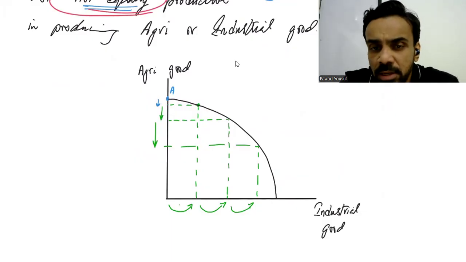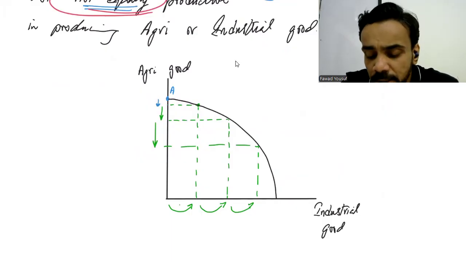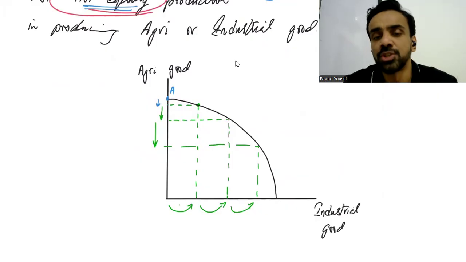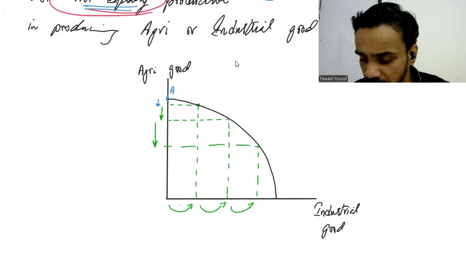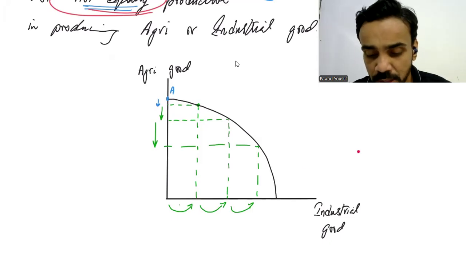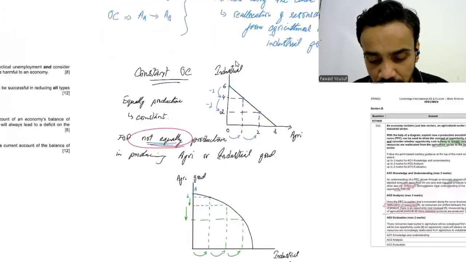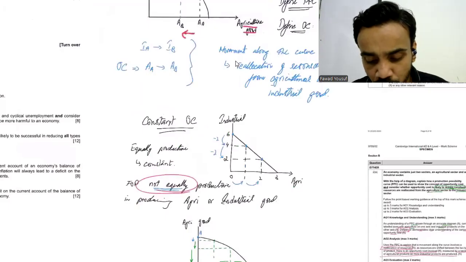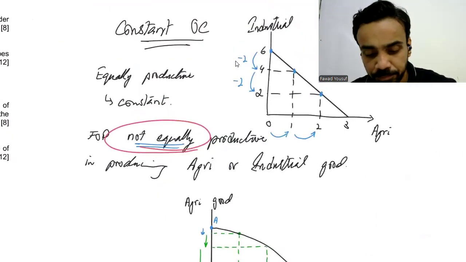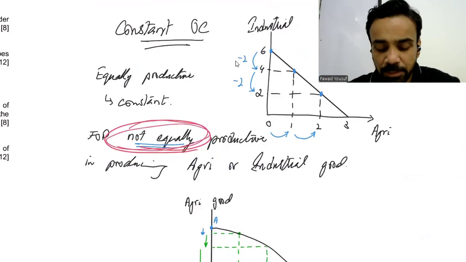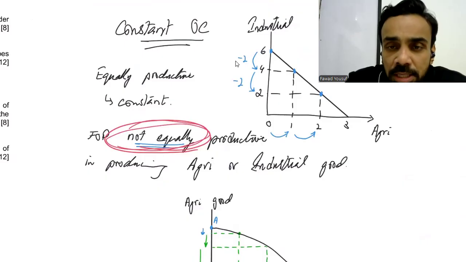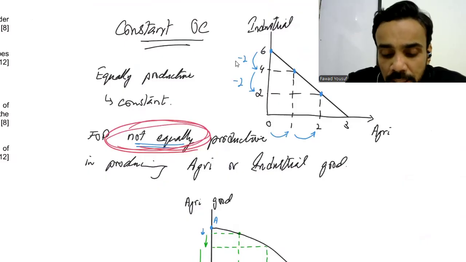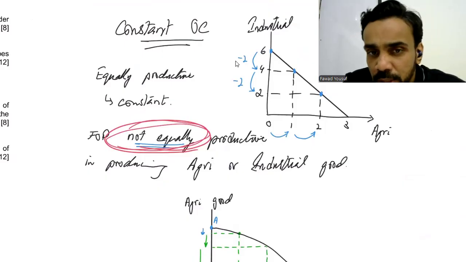If you just make the diagram, or even if you explain this whole thing without a diagram, this is perfectly fine, as long as you're saying that at the start the opportunity cost is low. But I think the thing which they have missed out, which I feel should have been there, is you mentioning that in reality, for agriculture and industrial goods, your resources are not equally mobile or equally productive.